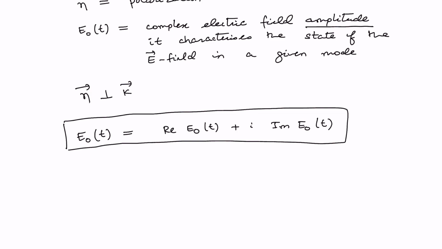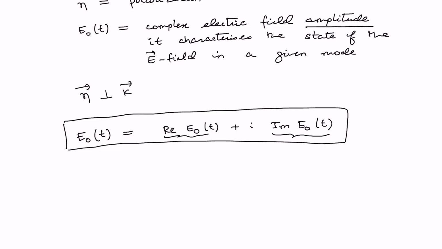Because as you can see, the real part and the imaginary part of the electric field amplitude are time dependent. That's why they are dynamical variables, and they would turn out to be canonically conjugate.